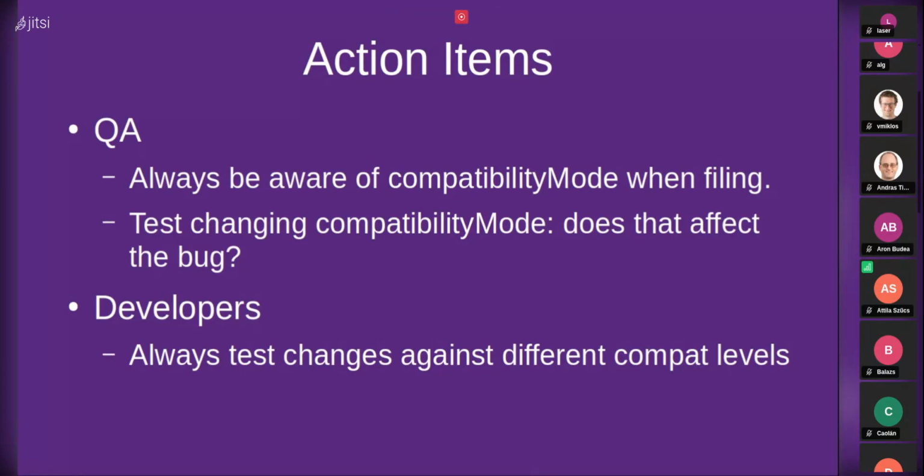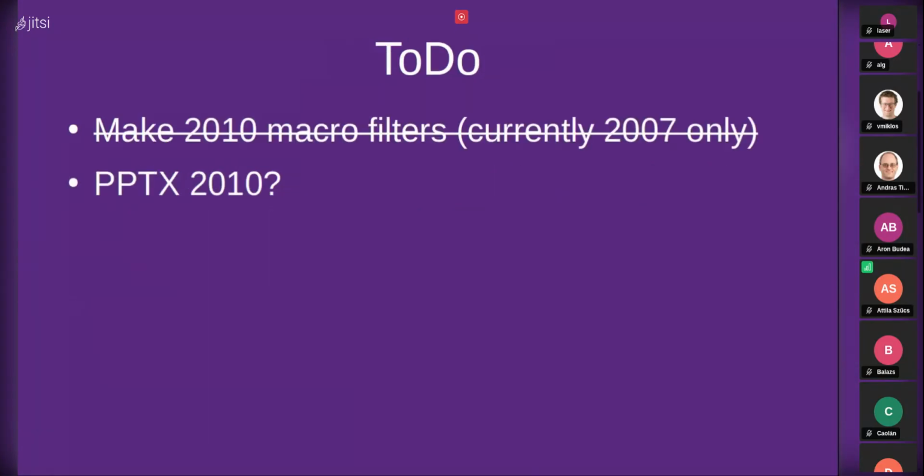And for developers it's basically the same thing. So always test your changes against different compatibility levels to see, does Microsoft treat the file differently if you change the compatibility level?